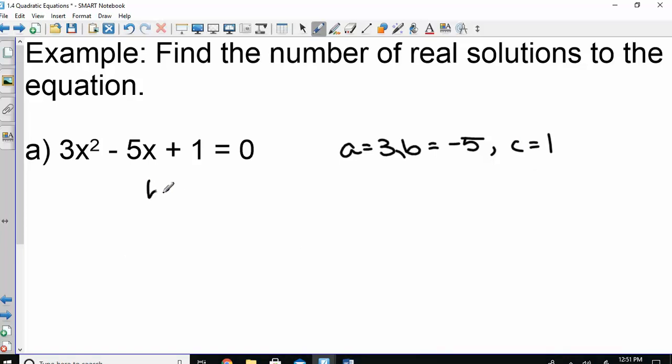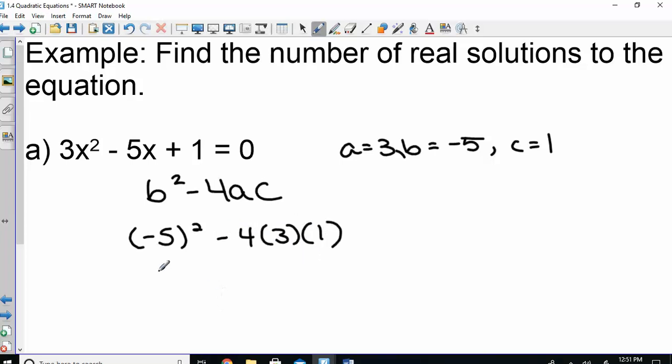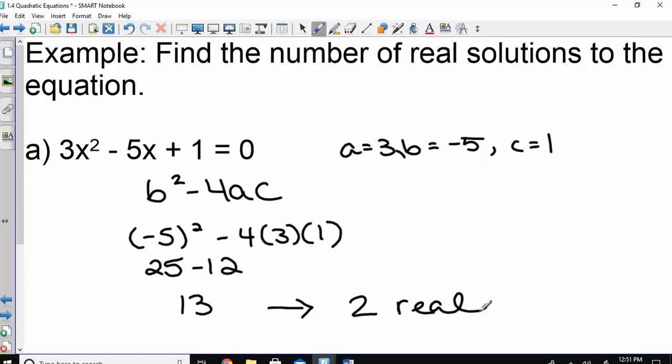Okay, so discriminant, it's just the part under the radical in the quadratic formula, so b squared minus 4ac. So we have negative 5 squared minus 4 times 3 times 1. And I did get a discriminant of 13. So what does that mean? 2 real solutions.